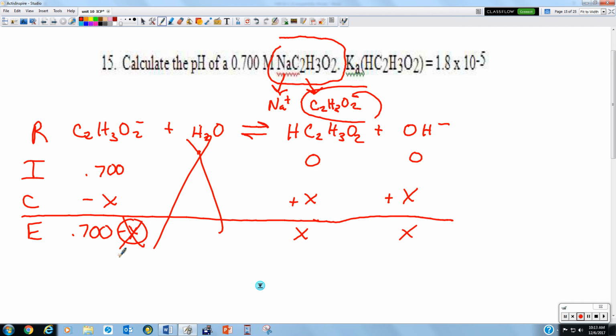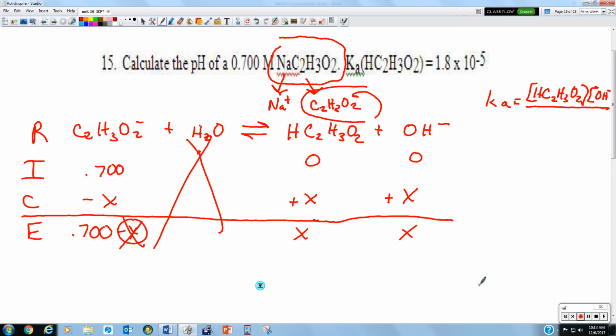We can drop that x. We're going to go ahead and establish our equation, but notice that we have Ka equals, and OH negative.